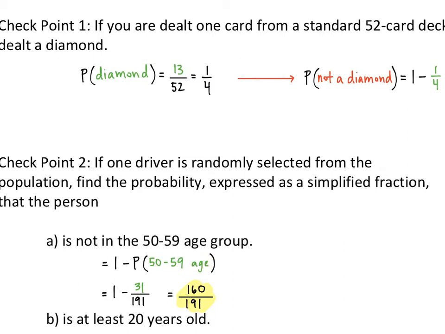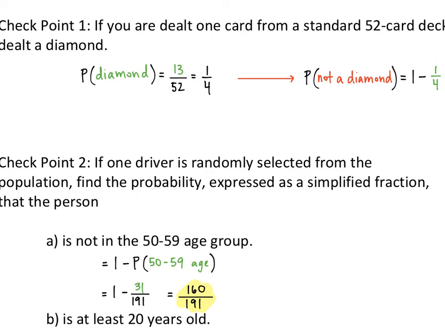The probability of being in this age group from 50 to 59, if you look at the chart, is 31 million out of 191 million total. So the probability of not being in that age group is simply 1 minus 31 over 191, and when you get your answer, you should get 160 over 191.